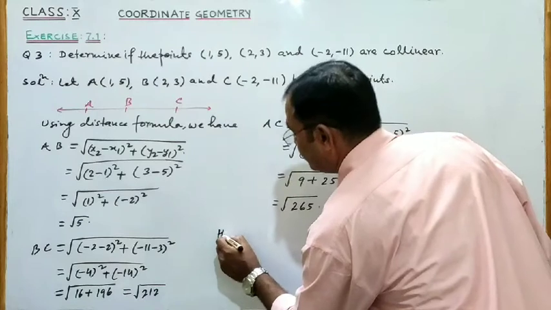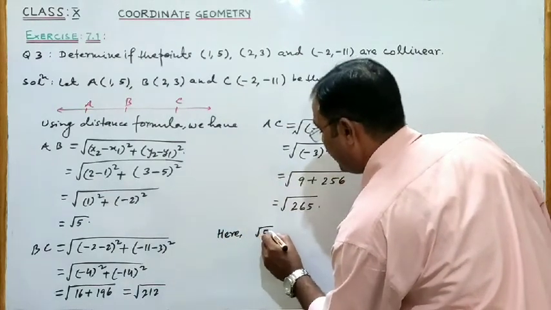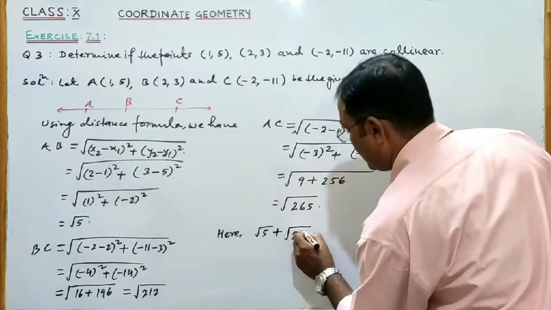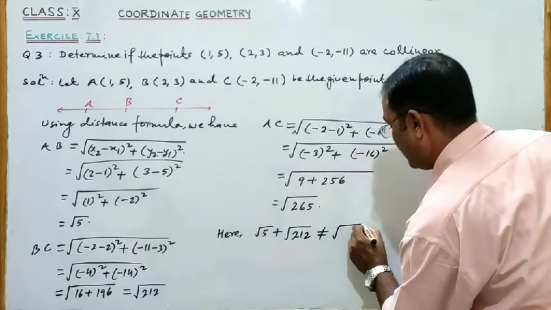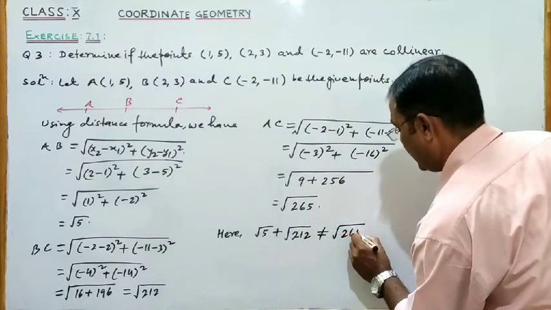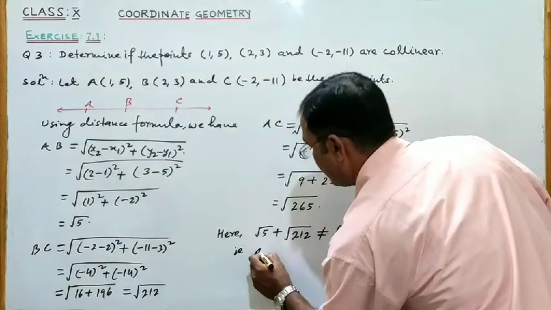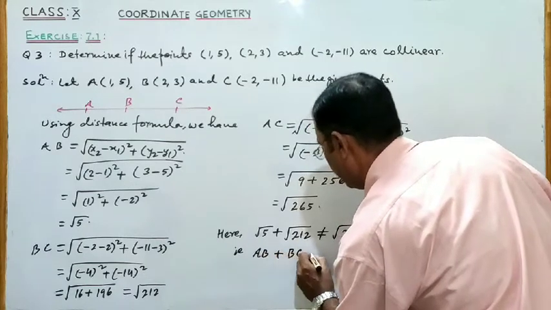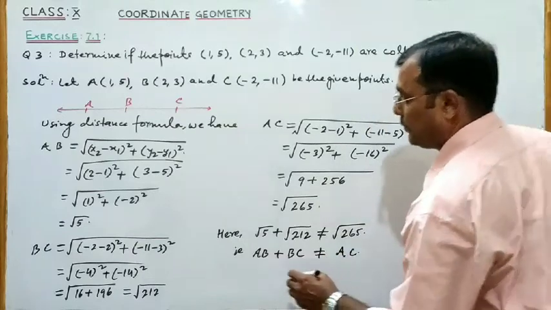Here under root 5 plus under root 212 is not equal to under root 265. That is, AB plus BC is not equal to AC.